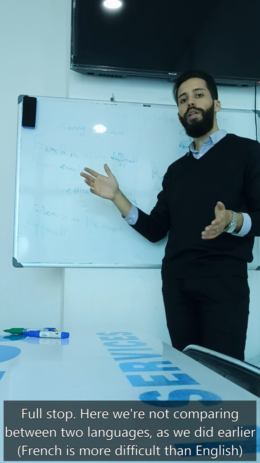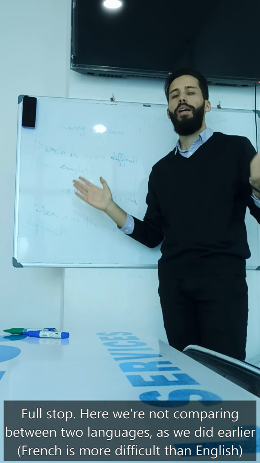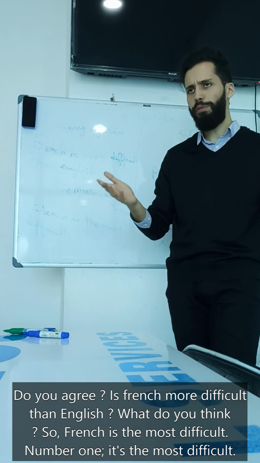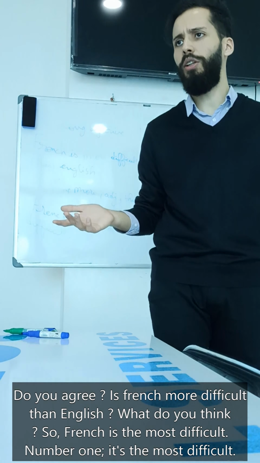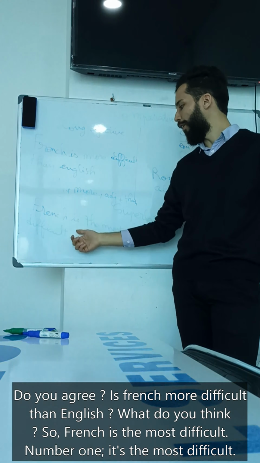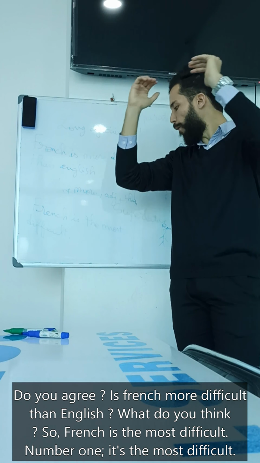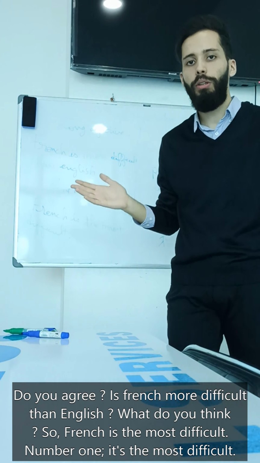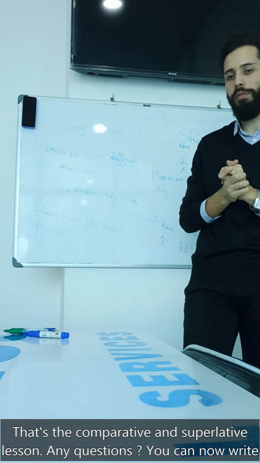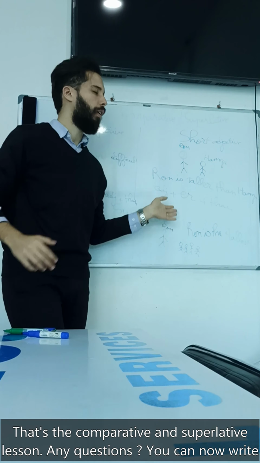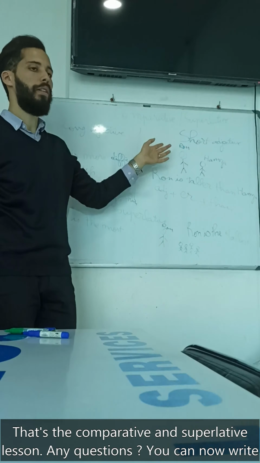As we did earlier, French is more difficult than English. Do you agree? Is French more difficult than English? What do you think? Yes, okay. So here, French is the most difficult. Number one, it's the most difficult. That's the superlative, guys. And that's the comparative and the superlative lesson.